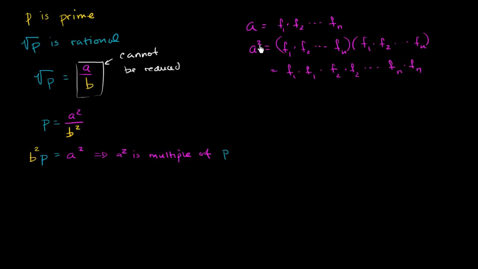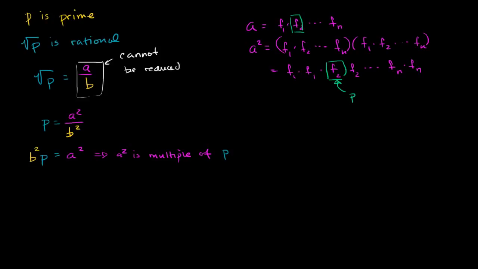Now we know that a squared is a multiple of p. P is a prime number. So p must be one of these numbers in the prime factorization. P could be f2 or p could be f1, but p needs to be one of these factors. Let's say, and I'll just pick one arbitrarily, that p is f2. If p is f2, then that means that p is also a factor of a.